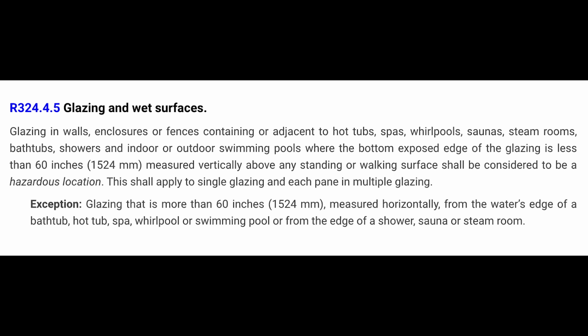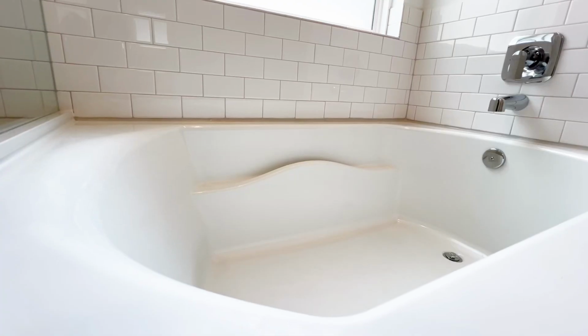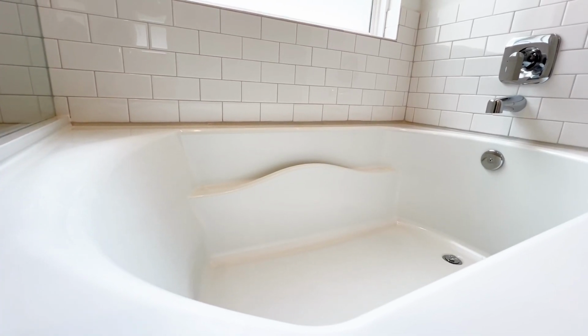So here's the important part. Where the bottom exposed edge of the glazing is less than 60 inches measured vertically above any standing or walking surface shall be considered to be a hazardous location. This shall apply to single glazing and each pane in multi-glazing. So the bottom part of this tub would be considered a standing surface.